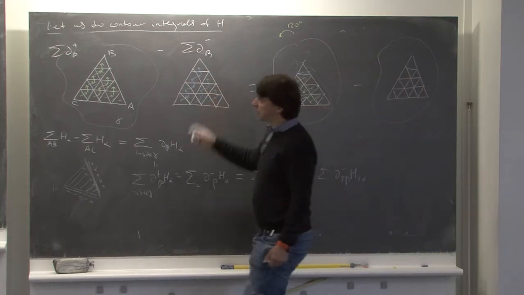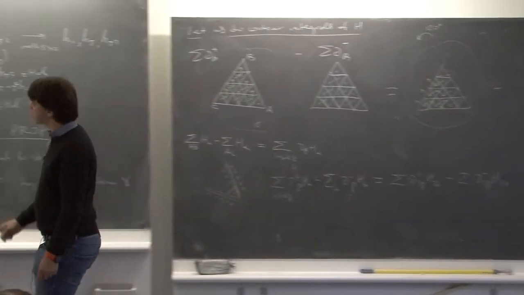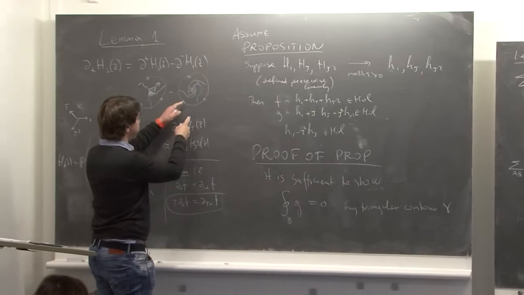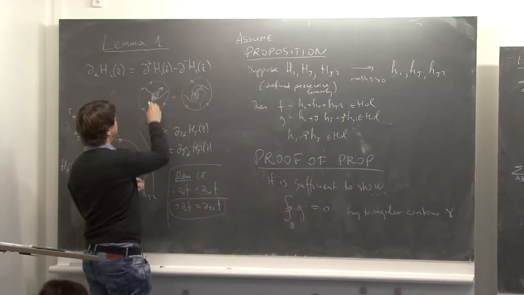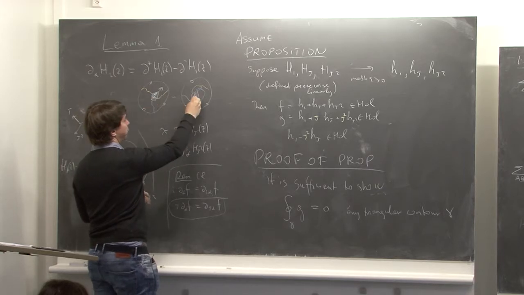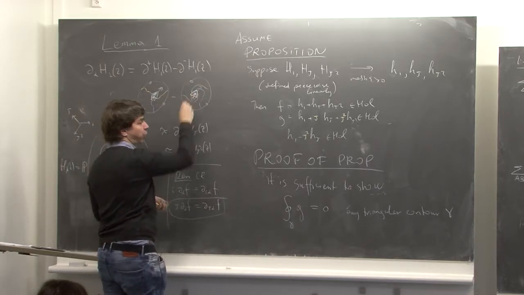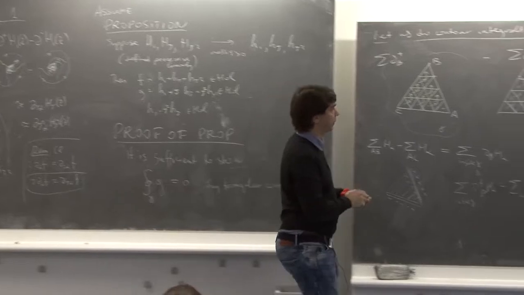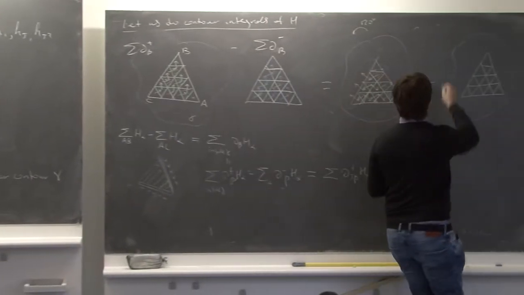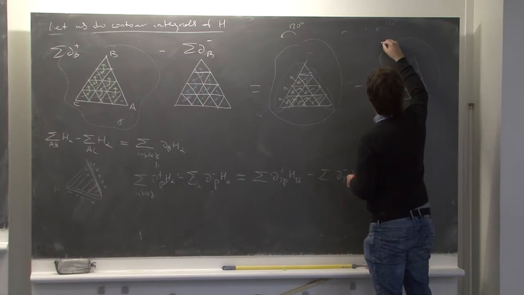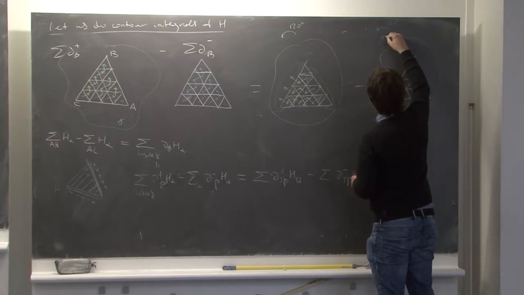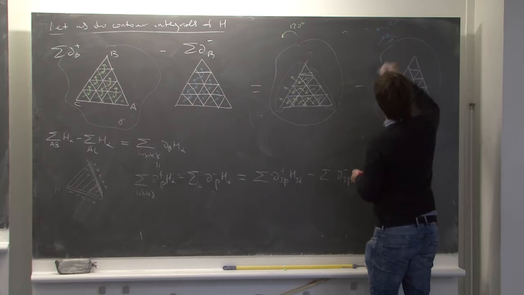And the blue ones, d minus. So we also rotate them 120 degrees, but we rotate them not around this point where they start. We rotate them around their end point.